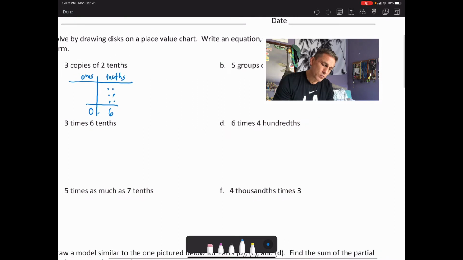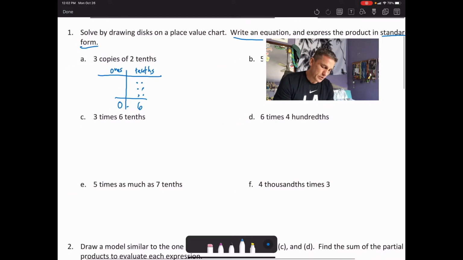It says write an equation and express the product in standard form. So we're going to do that as well. So you can do that vertically and write 2/10 times 3 equals 6/10. And that's how we're going to do each of these problems.